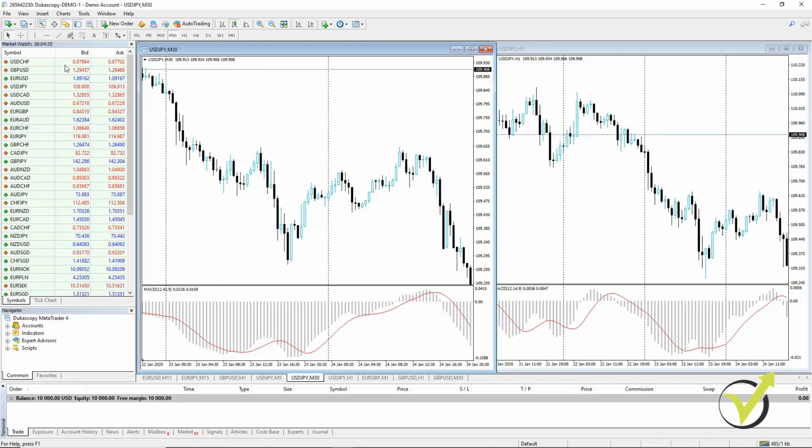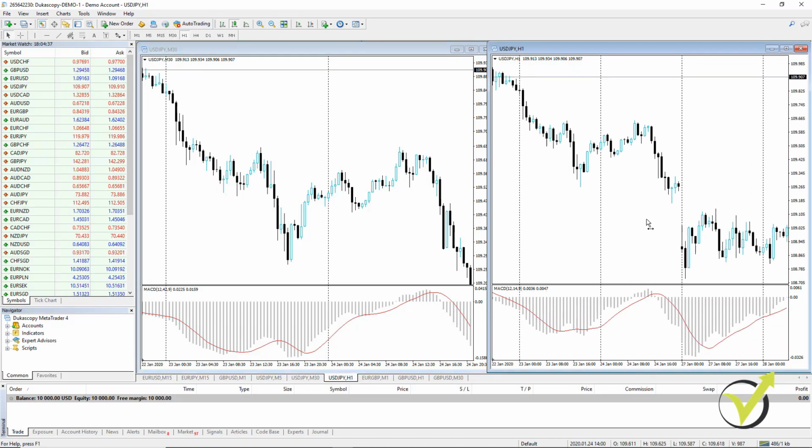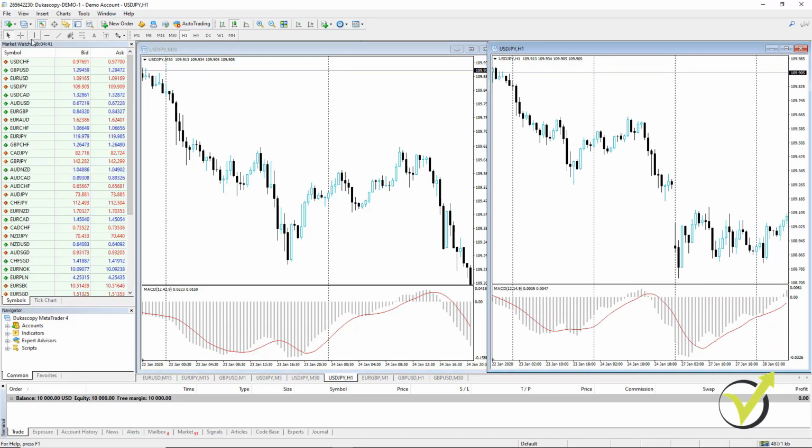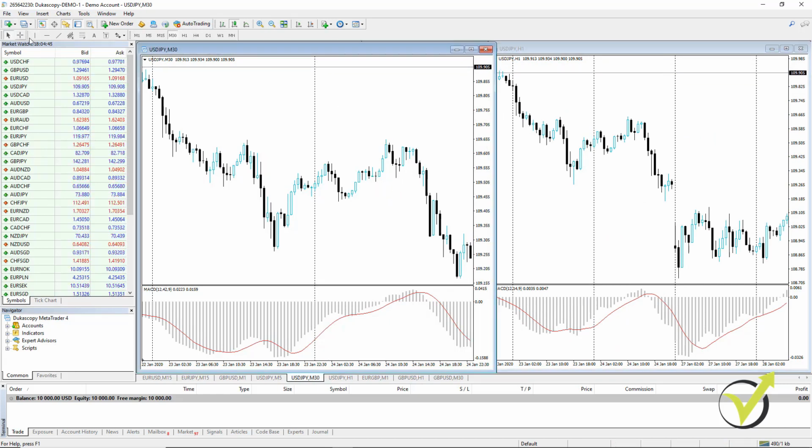Let's have a look if we have the same thing on H1. One more time, this is the 24th of January, I think. Let me take the vertical line and move it right here, from 10:30 on the 24th of January.